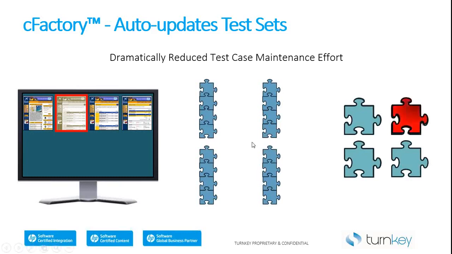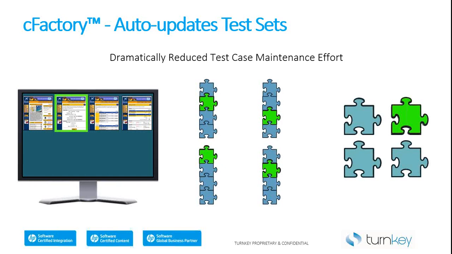Well, naturally, that's going to break our component, and it's going to break every test case that uses that component, logically speaking. So what cFactory will do is identify that change and give you the opportunity to update that component and then propagate it out to every test that uses it.